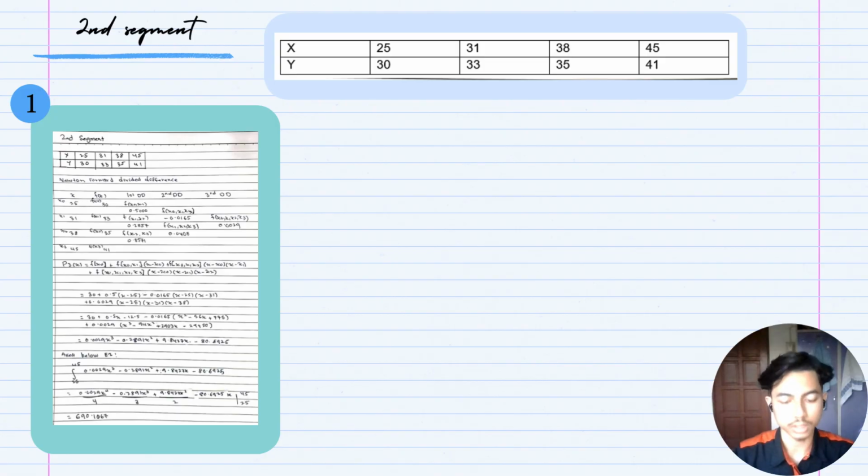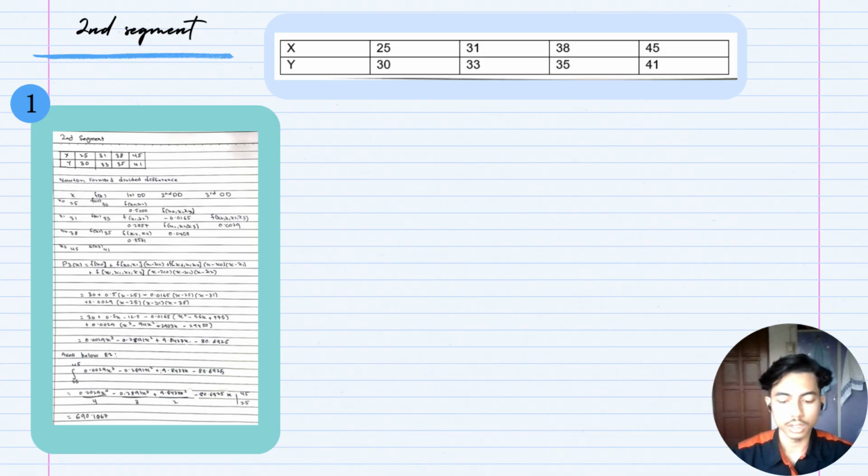Also the same for the third divided difference: 0.0408 minus negative 0.0165 divided by 45 minus 25, and we get 0.0029.